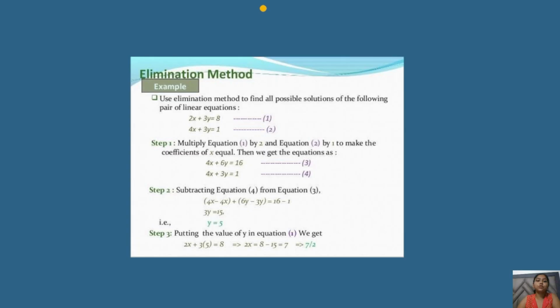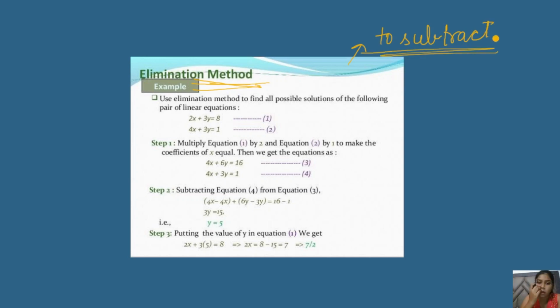Let's move to the elimination method. What is this elimination method? As you can see, elimination is to subtract. This is what we mean by the term elimination.